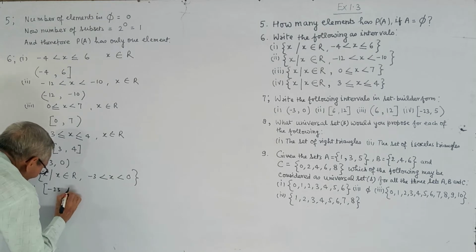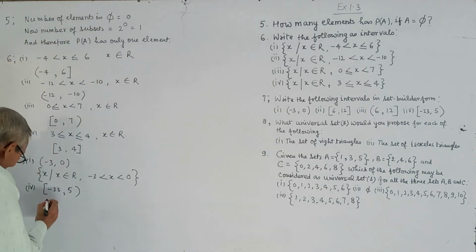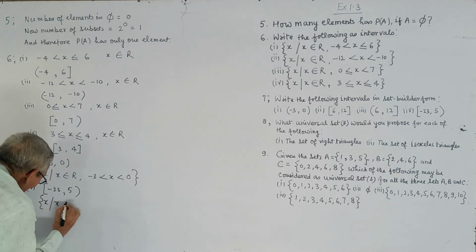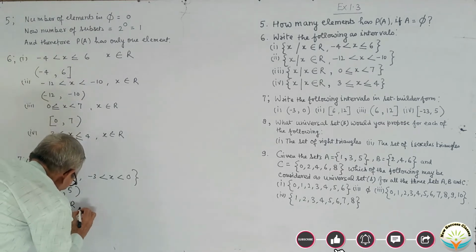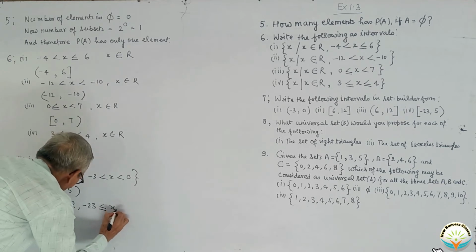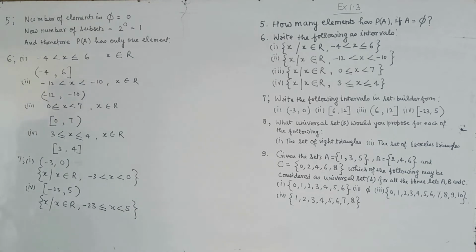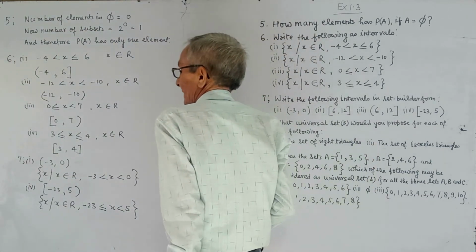That means x such that x belongs to R, negative 23 is less than or equal to x is less than 5. Yes. So in this way you can do these questions.